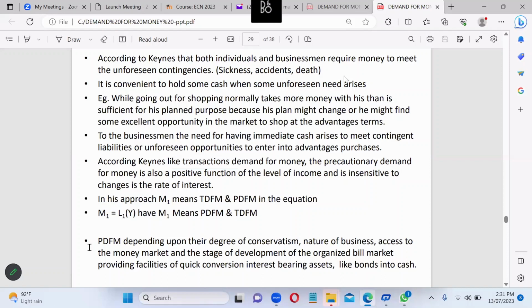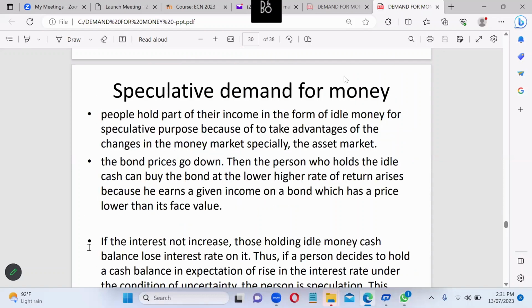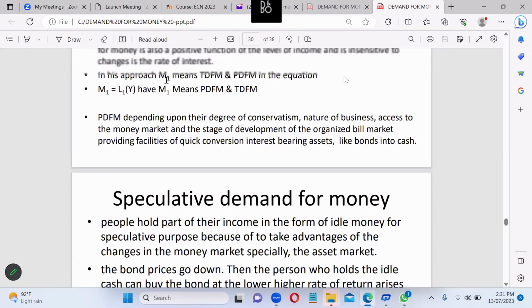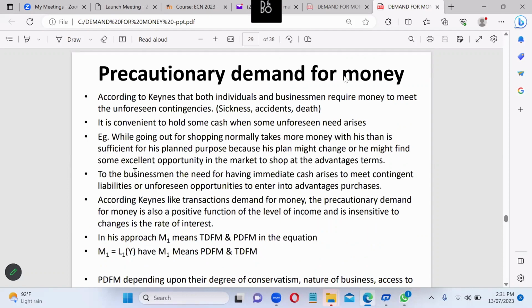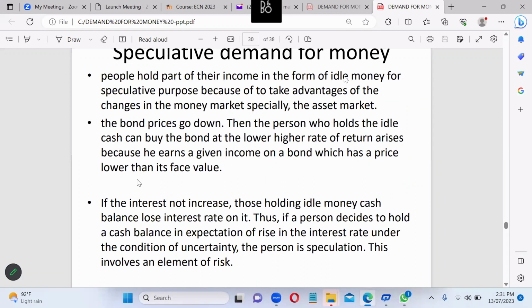But speculative demand for money is based on the interest rate, not the income. In the precautionary method as well as the transaction method, they are based on the income of the individual. But the determinant of the speculative demand for money is the interest rate, not income.